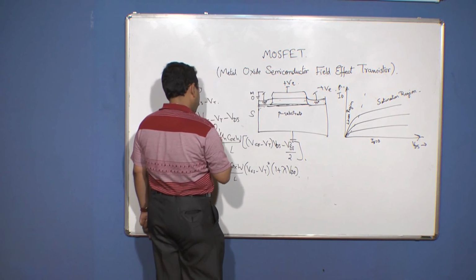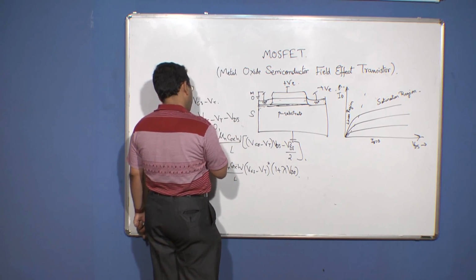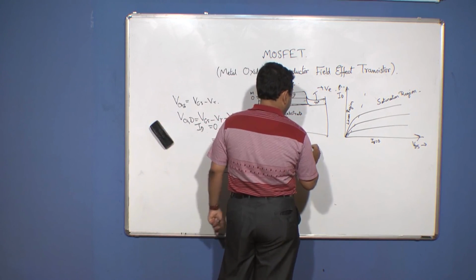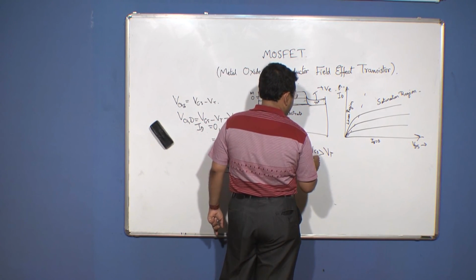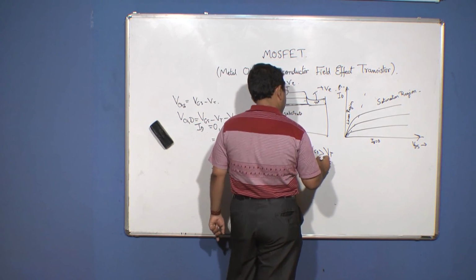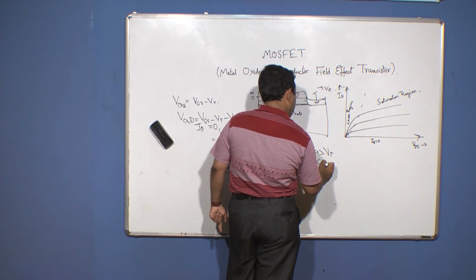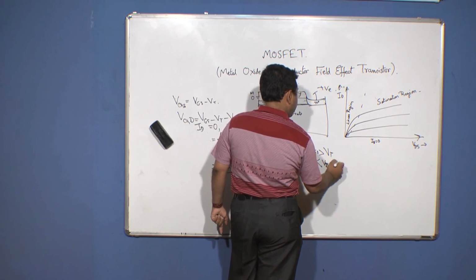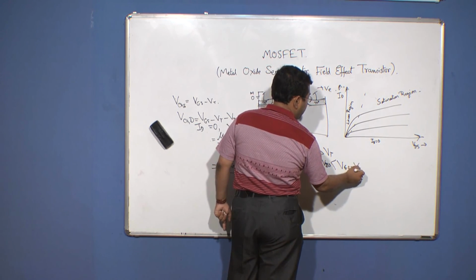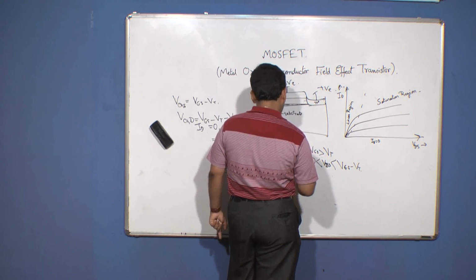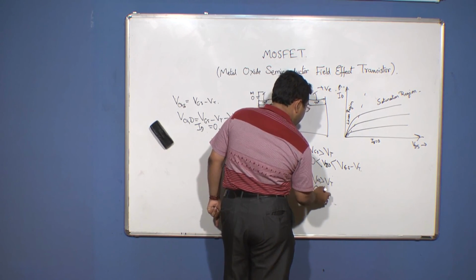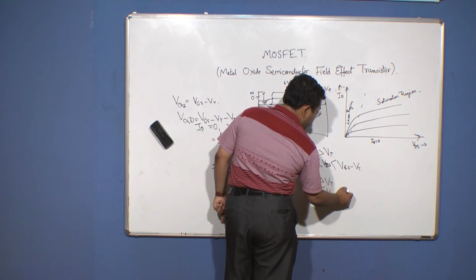So, the boundary conditions are: this is true for VGS less than VT; this is true for VGS greater than VT and 0 less than VDS less than VGS minus VT; and this is true for VGS greater than VT and 0 less than VGS minus VT less than VDS.